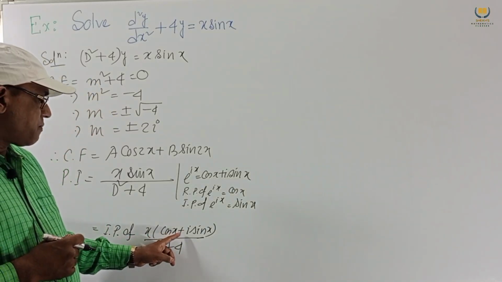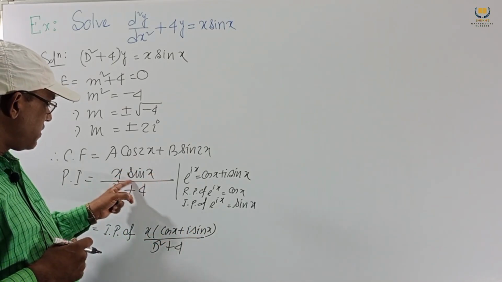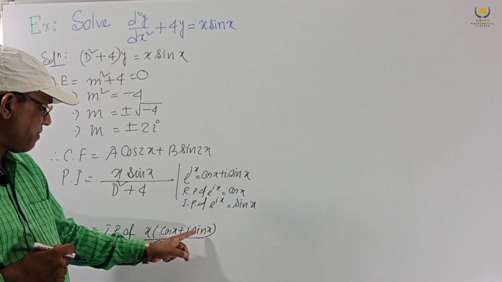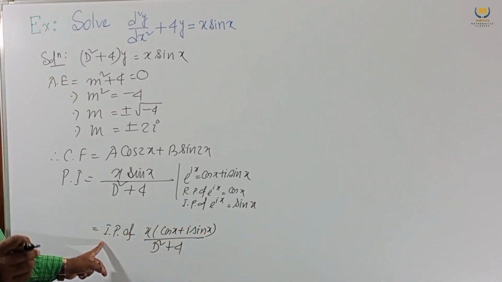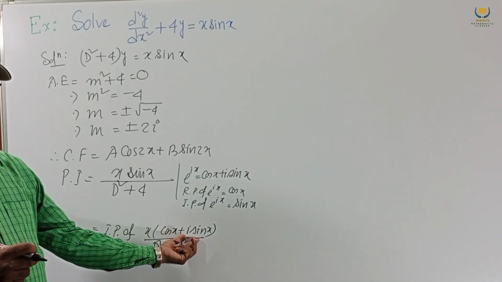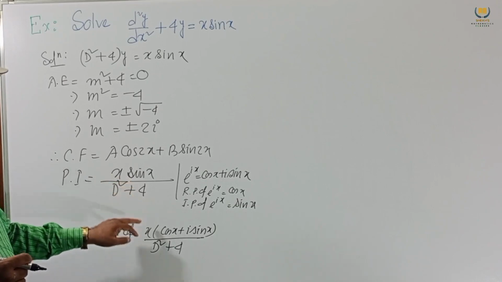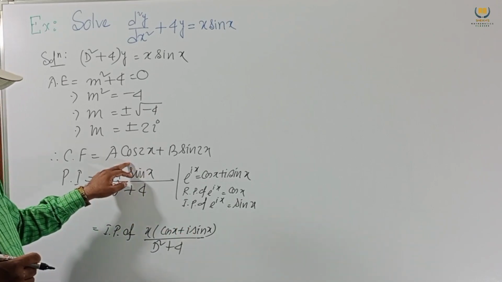So cos x plus i sin x, the imaginary part means sin x. We get x into sin x.